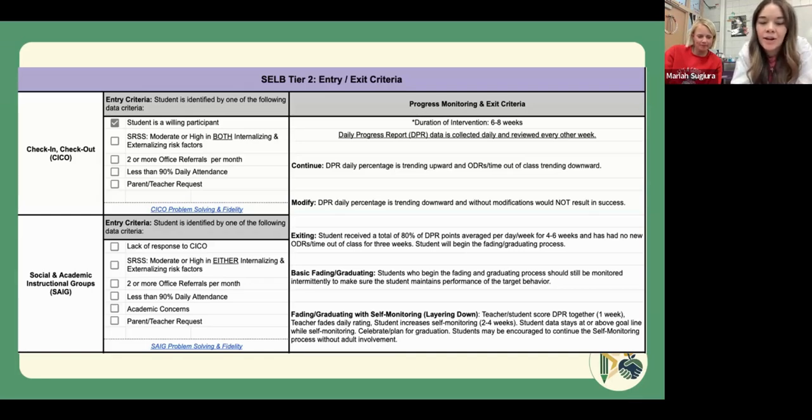We target that, making sure they're aware this is what's expected and what it looks like. They're still getting progress monitoring with a progress sheet. As Andrew mentioned earlier, they're still checking in and out with a mentor, and their teacher is still giving them a score throughout the periods of the day. We're just using this as an extra layer, making sure they're getting what they need when and if they need it.